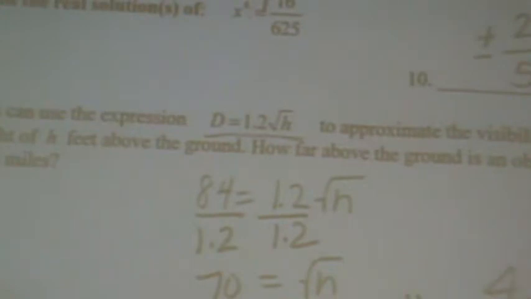So if D is 84, this is what you have, 84 is equal to 1.2 square root of H. You're going to get rid of this 1.2 by dividing by 1.2, and you get 70, and then you're going to square both sides, so you get 4,900, and then label, it's in feet.